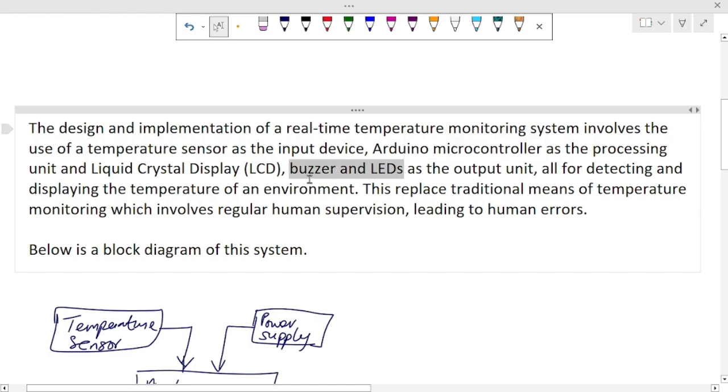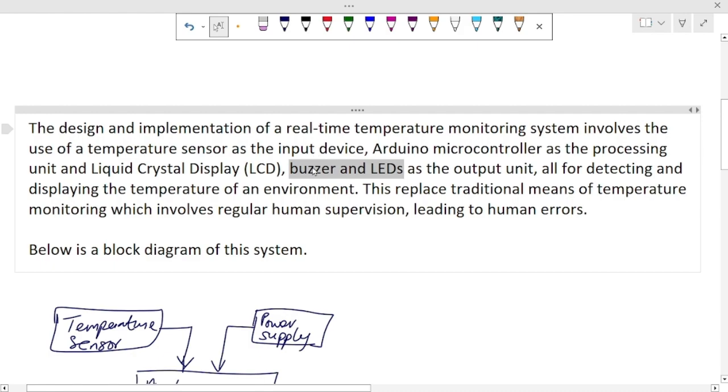The buzzer will buzz if the temperature is really high; it will make noise. The LED will turn on. The liquid crystal display displays the temperature for us to see. If you are not looking at the display, and the temperature gets to a level where you don't want it to be for your system, then the buzzer will turn on.